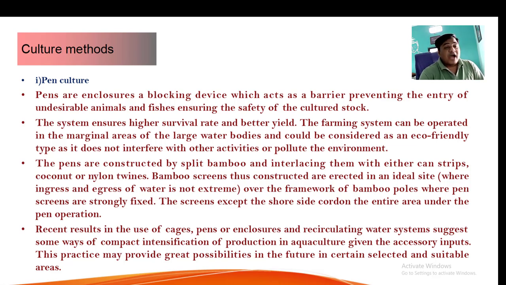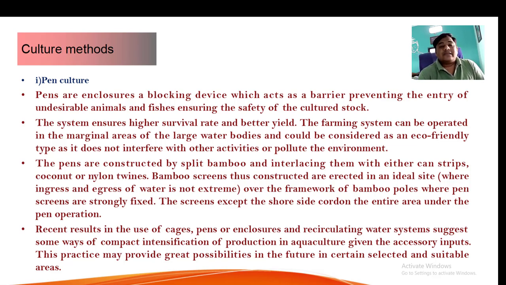Okay, so the farming system can be operated in the marginal areas of large water bodies and could be considered an eco-friendly type, as it does not interfere with other activities or pollute the environment. So pen culture is very important because it is a very eco-friendly activity.